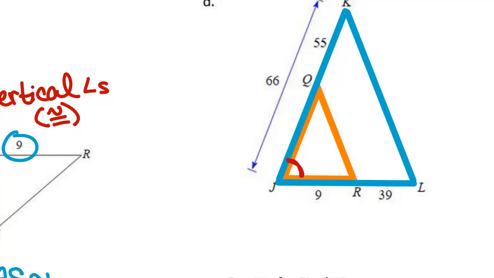So the only thing that they share completely, where they share all the parts of it, is angle J down here. This would be a shared angle. Just like a shared side, it is congruent to itself. That's my reflexive property.